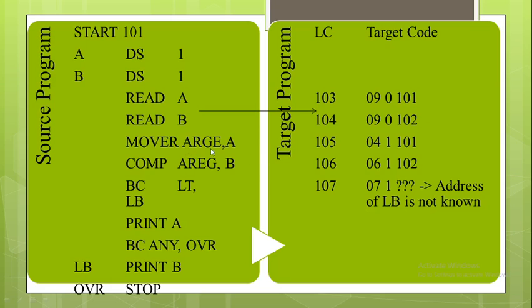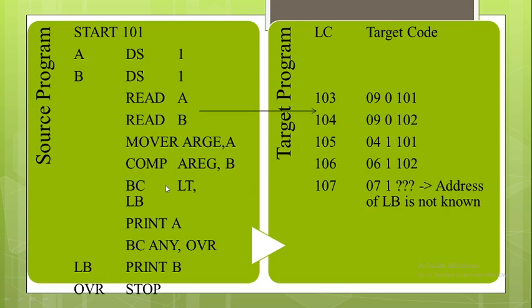MOVER A register, A has the corresponding target instruction 041101. Then we use COMP, where the corresponding opcode is 06, the A register has the value 1, and we get the address of B from the symbol table as 102.